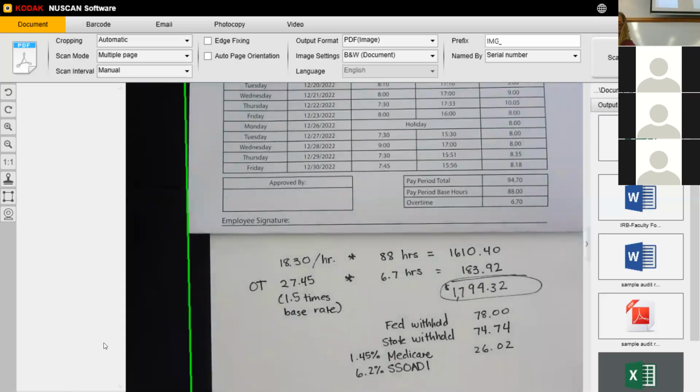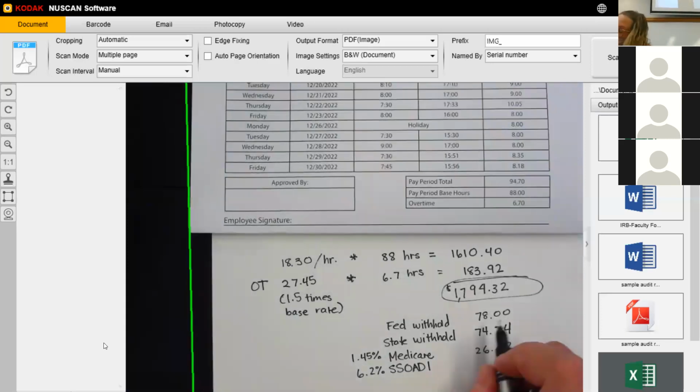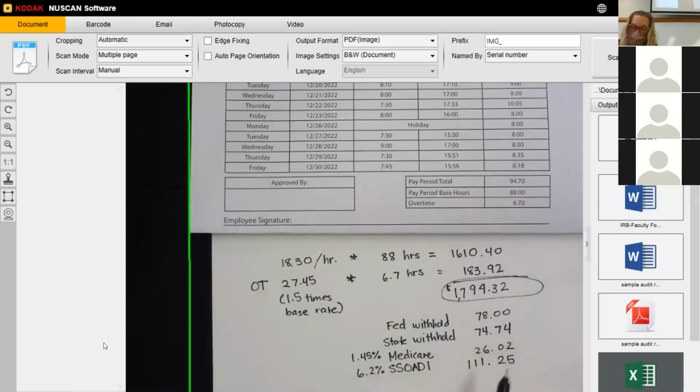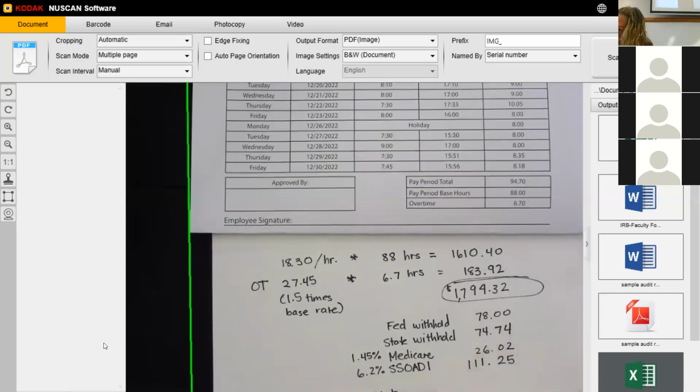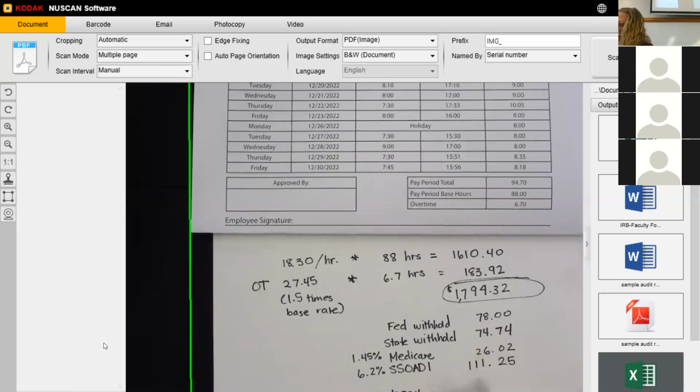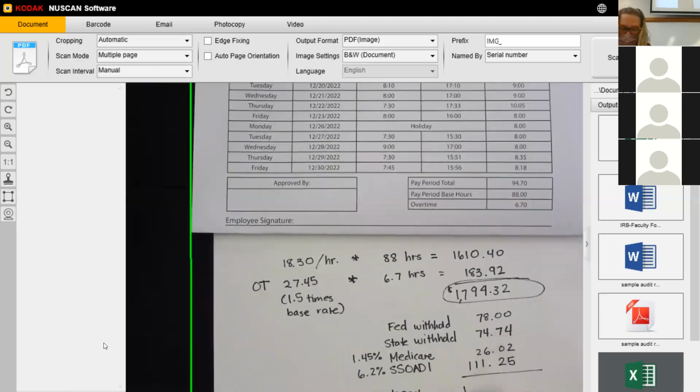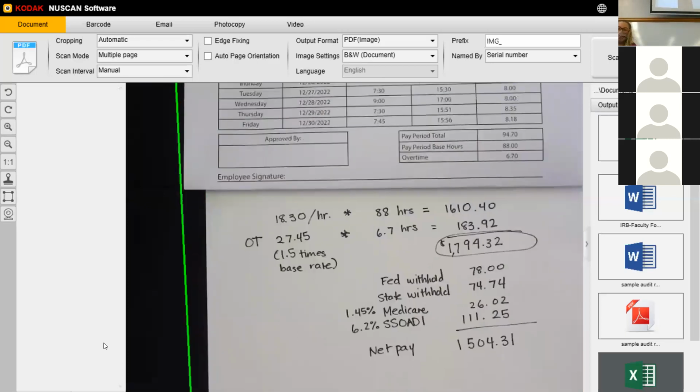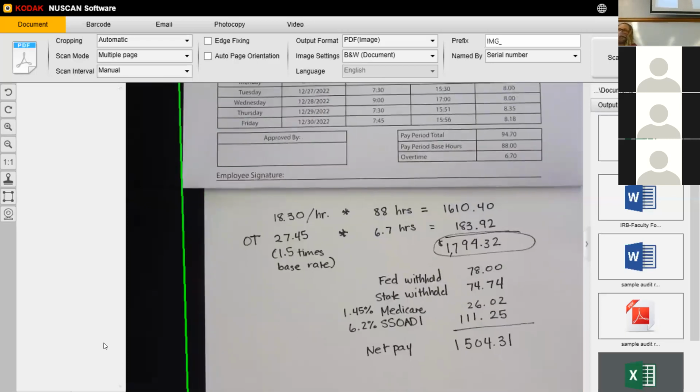And my handy dandy answer key says you should get 111.25 for the Social Security, which means her net pay is $1,504.31. Any questions about how we got those numbers?